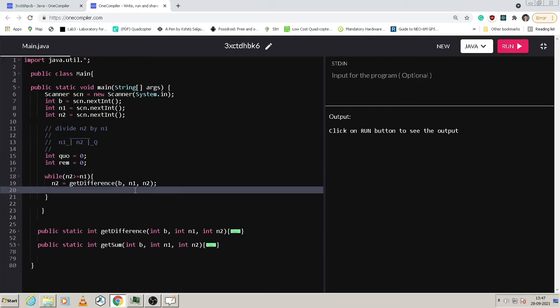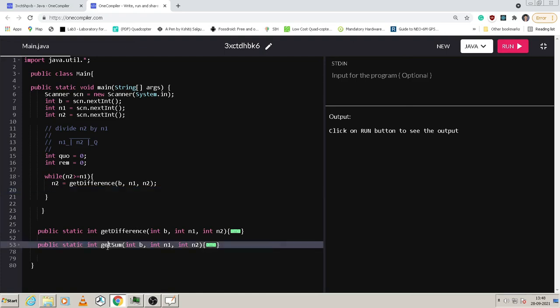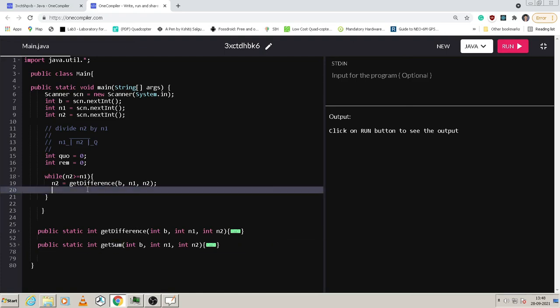Now we could have done this, but this will increment it in decimal, so let's instead use the get sum function. Make it quotient is equal to get sum of b comma quotient comma 1, because we have to just add 1 in it.